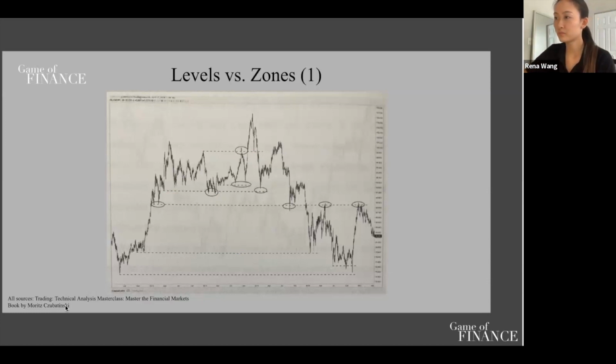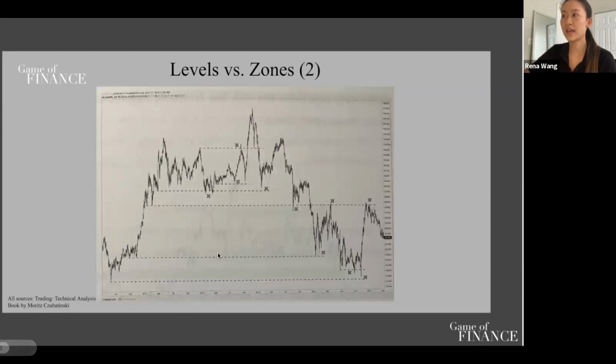When we go to another image and look closer, you notice that price rarely respects the lines exactly and often overshoots or reverses early. As you can see, if we look at this one, it doesn't exactly hit the line. If it doesn't hit the line exactly, should I enter or should I not? Also right here, it exceeded the line a little bit.